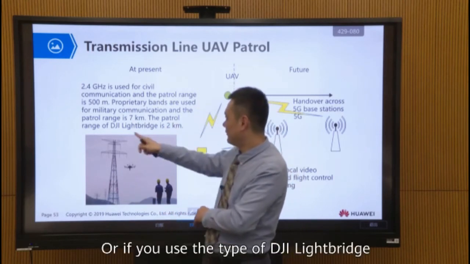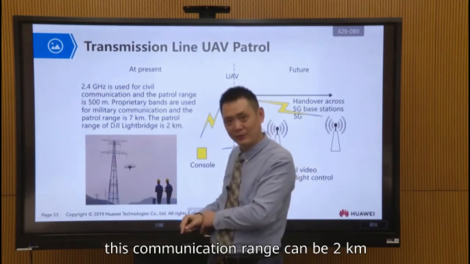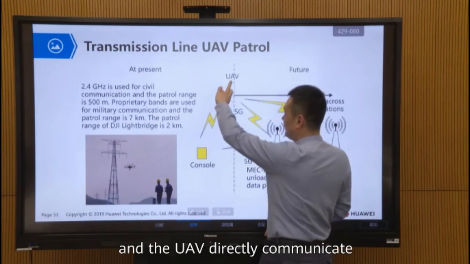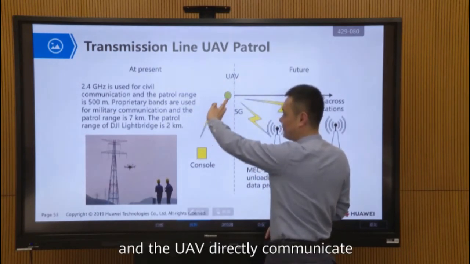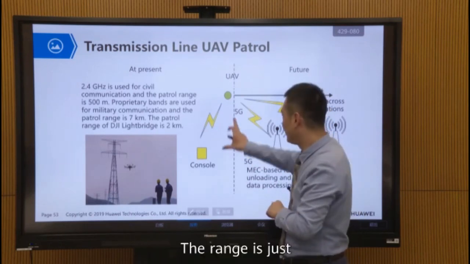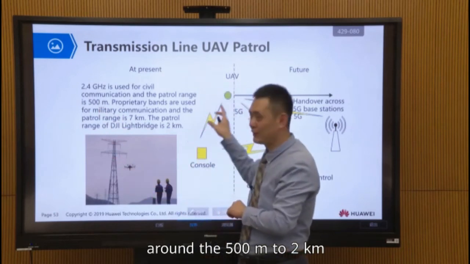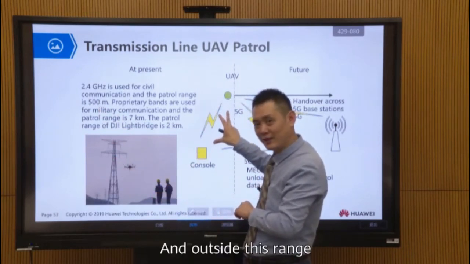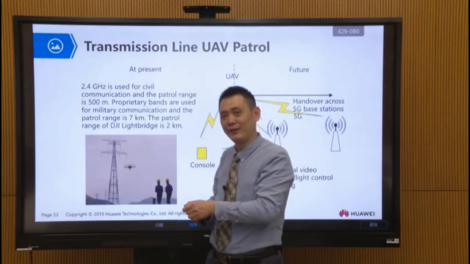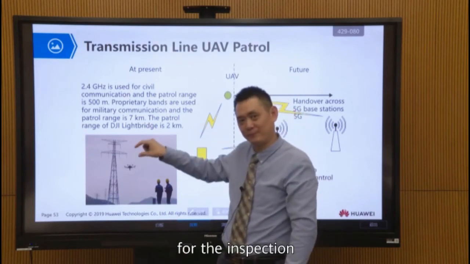Or if you use something like DJI Lightbridge, the communication range can be 2 kilometers. So nowadays, the console and the UAV directly communicate, so this range is limited. The range is just around 500 meters to 2 kilometers. Outside this range, the UAV may be lost. This will affect the efficiency of the inspection.